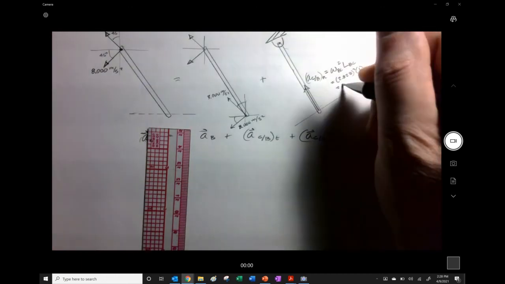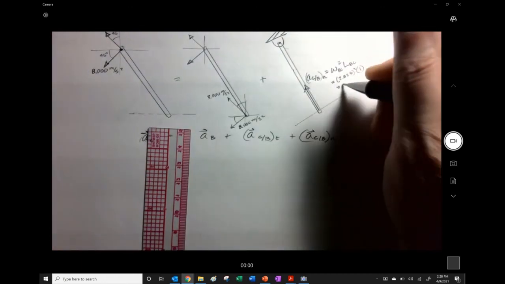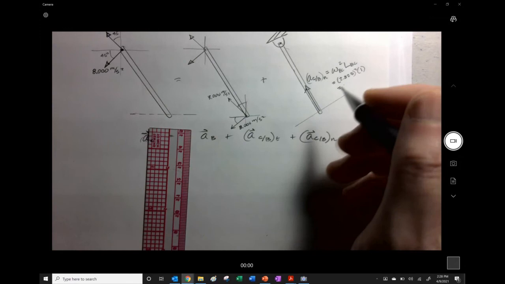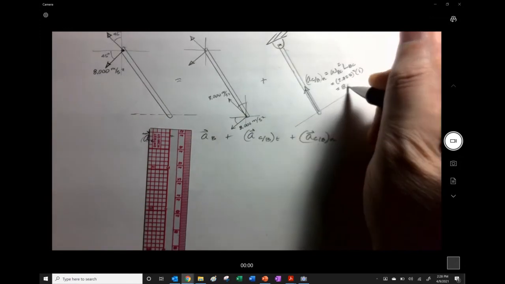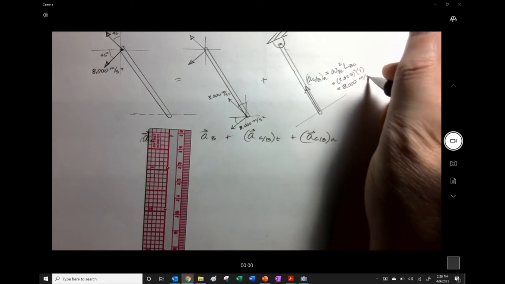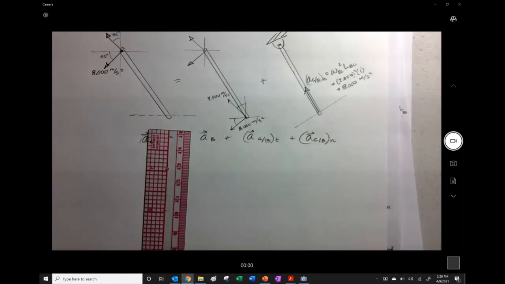So I get nearly 8, and probably if I had, let's see, let's try that out here. If I had, yes, it should be 8 based on if I had not dropped some sig figs along the way.